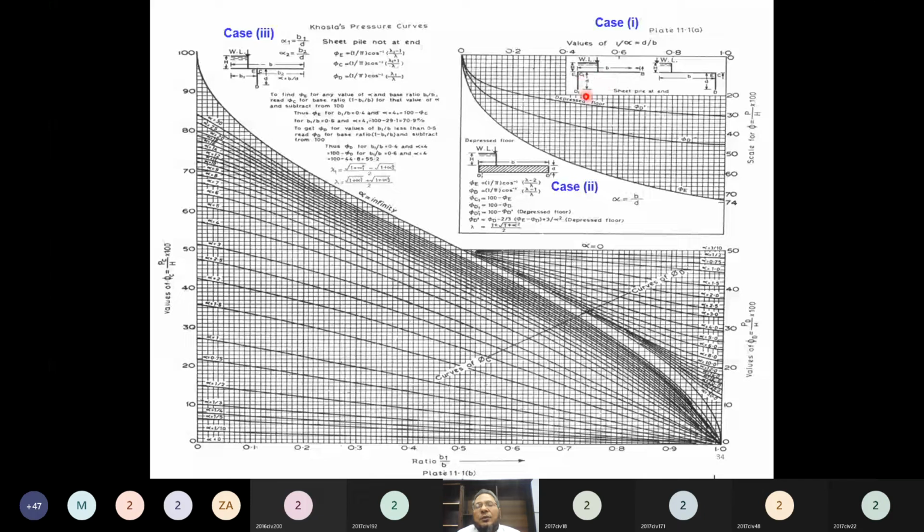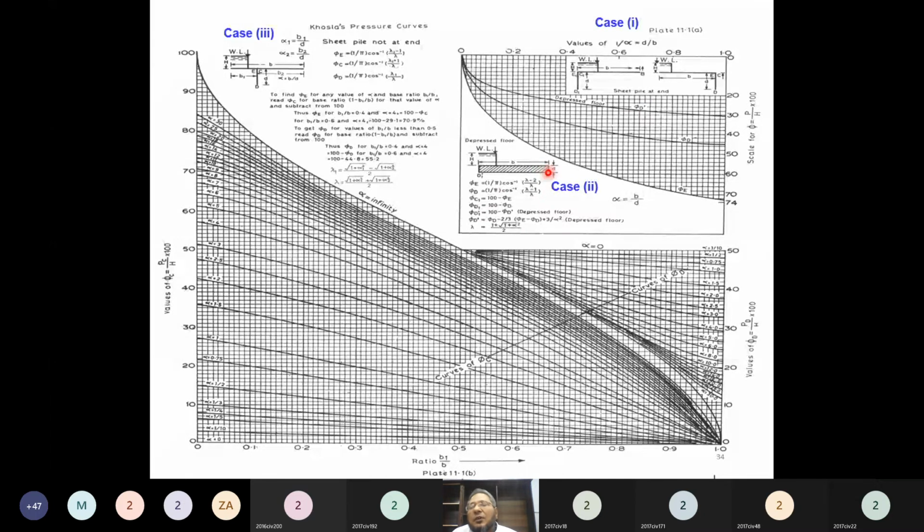So now for point D1 and C1 are E and D. So he has directly given the phi E. So this is the uplift pressure at point E. This is the uplift pressure at point D. Sorry, D. And this is the uplift pressure at phi D dash. Okay. So this is the depressed floor. D dash means depressed floor, which is the case number 2 here. This one is the D dash.